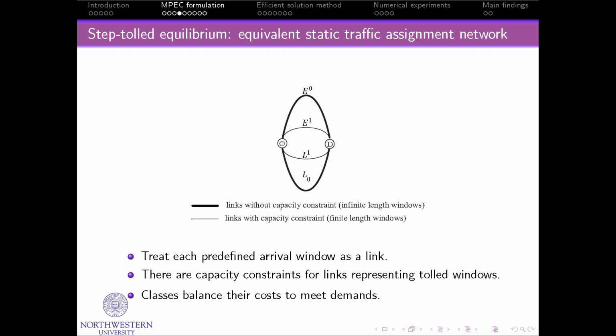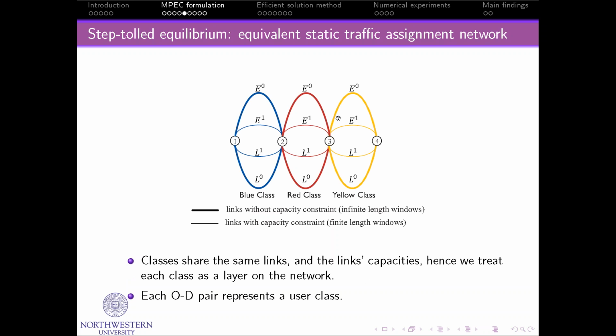There are 3 classes, blue, yellow, and red, using the same network. So we consider each user class as a layer on the network. They share the same links and share the same link capacities. So the blue, yellow, and red will all use the early arrival window, which are these 3 links.